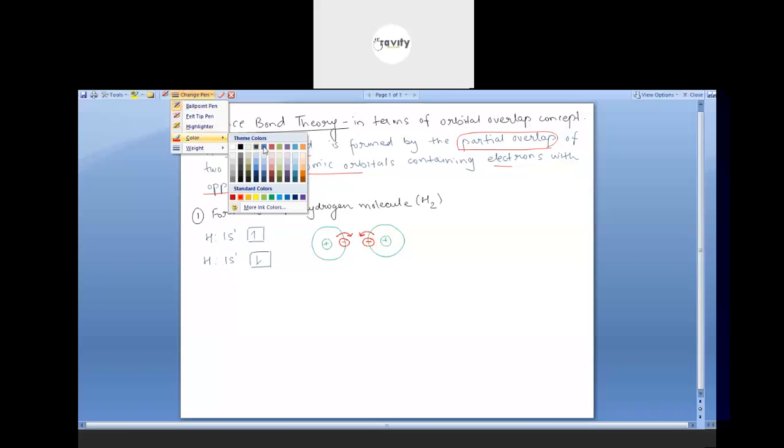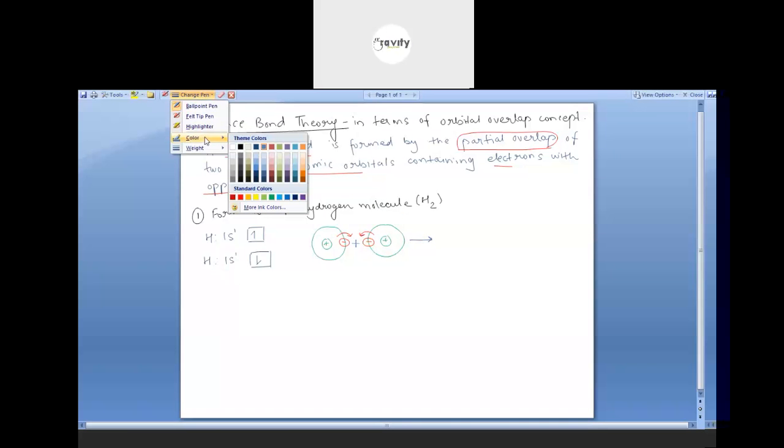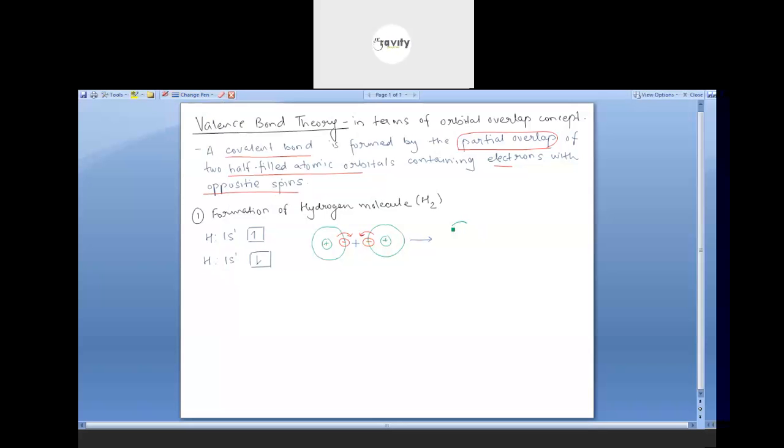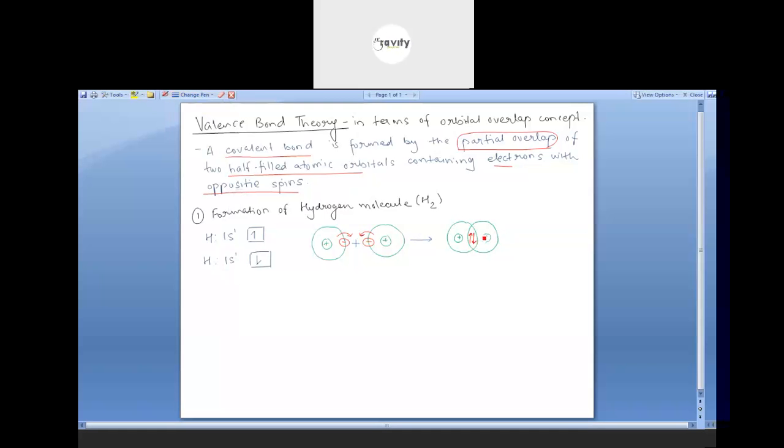These two hydrogen atoms approach each other, combine, and lead to the formation of the overlapped molecule where the electrons have been paired like this, showing both clockwise and anti-clockwise spin.